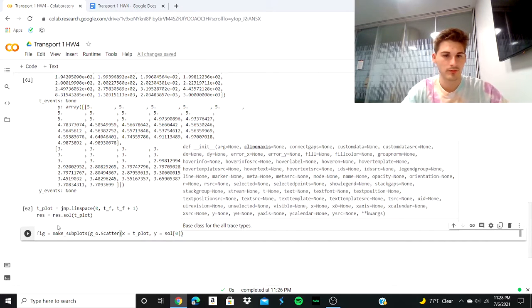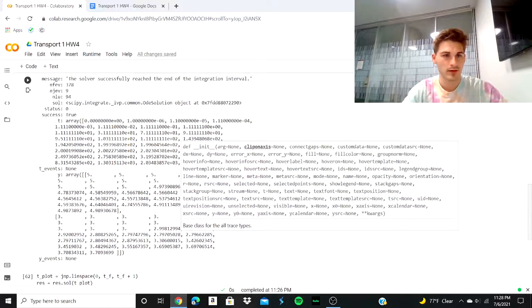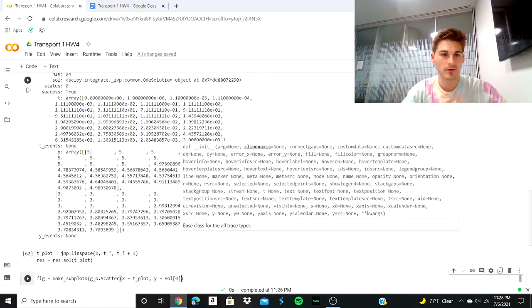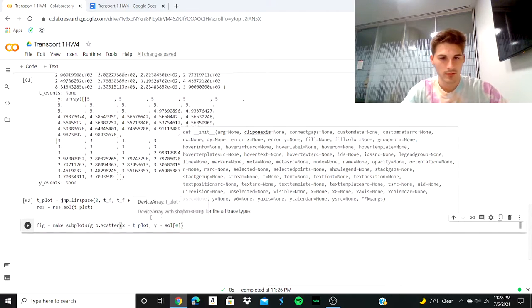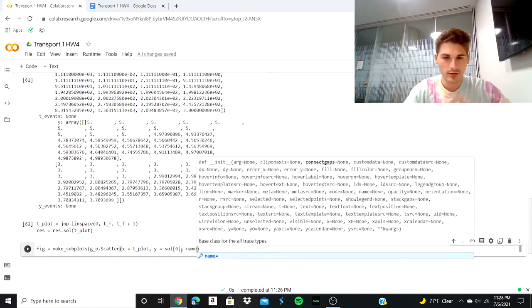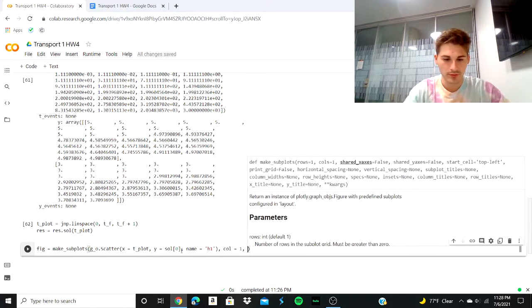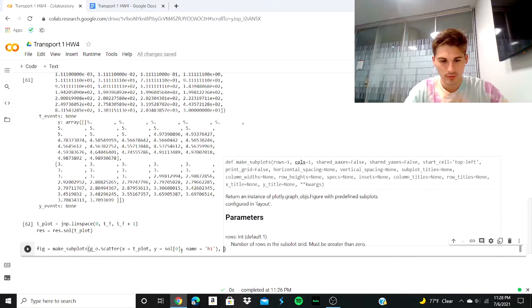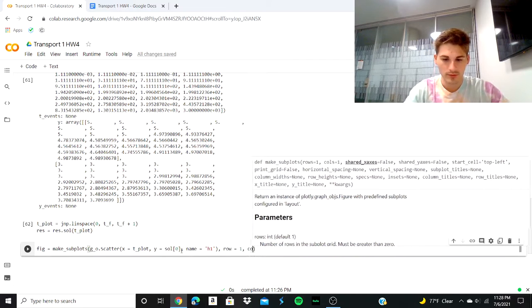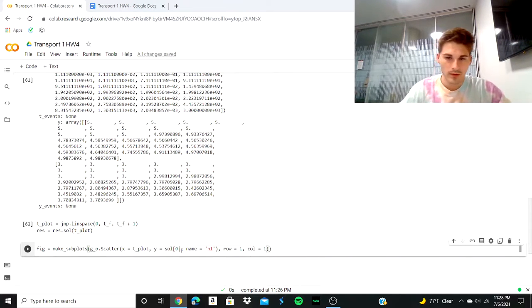So sol[0] — sol is, of course, this function, and that 0 is just calling the first column of our array that it gives us. So that's the height of our first tank. And then this is row 1, column 1.